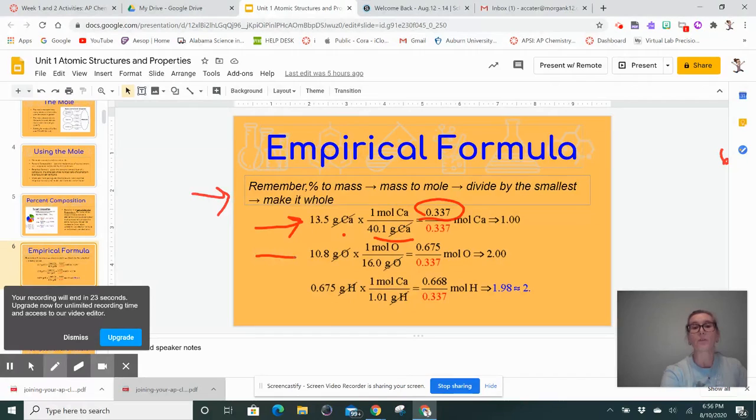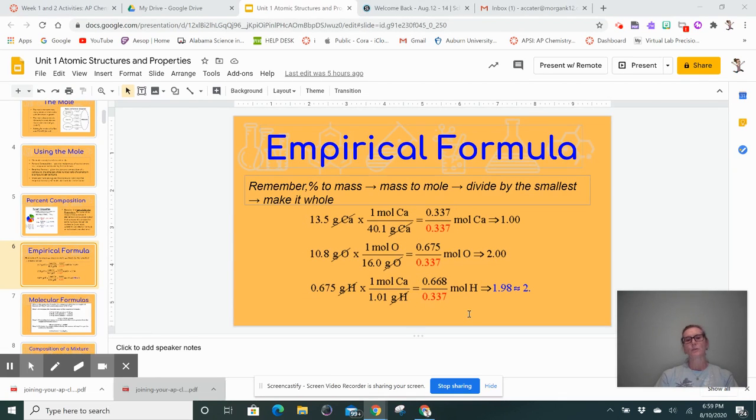I do the same for my oxygen, 10.8 grams of oxygen. There's my mass to moles for oxygen, which gives me 6.75 moles of oxygen. And then hydrogen, do the same thing, gives me 0.668 moles of hydrogen.